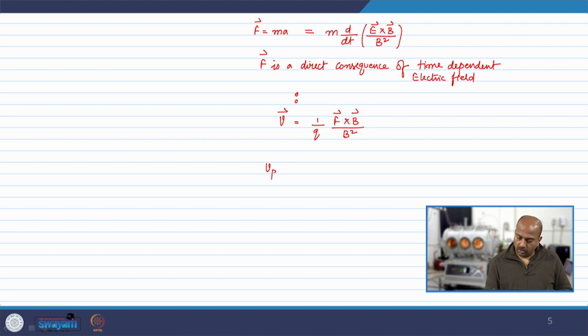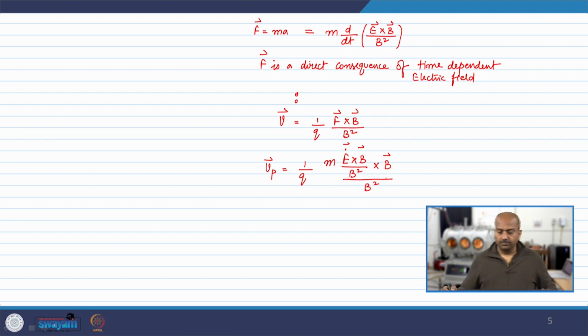This velocity is called the polarization drift velocity, which equals 1 by q times m E dot cross B by B square, cross B, divided by B square.